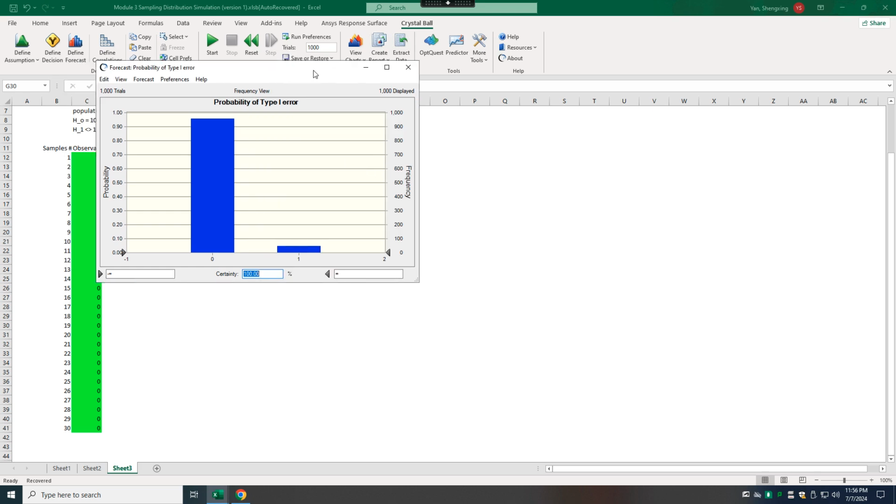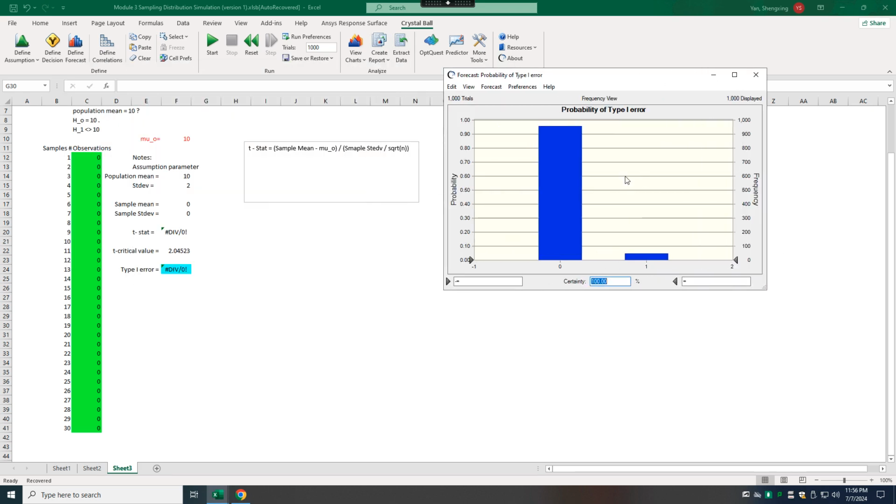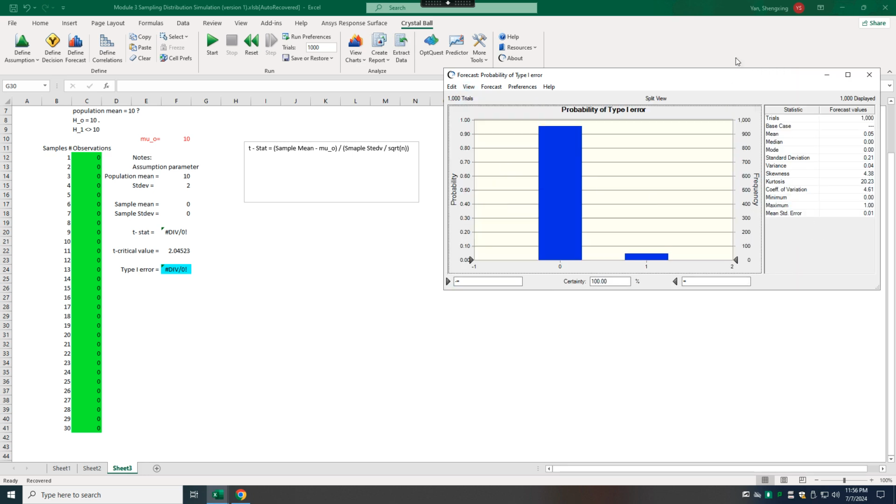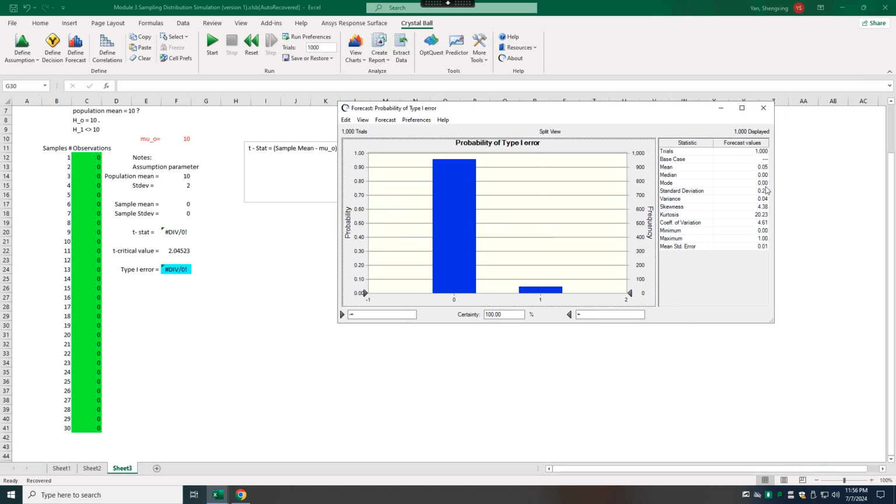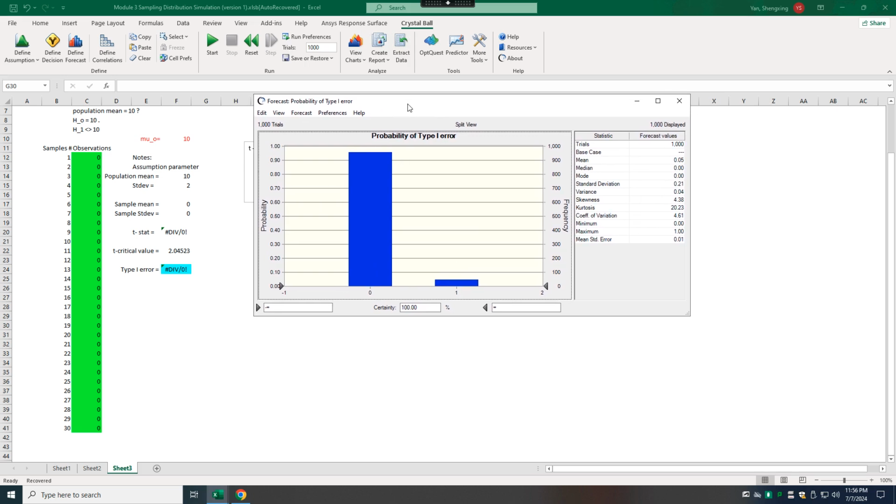Okay, this is our number. This should be our result. Let's take a look at the split view of the statistics. So here we have the frequency chart for the two results of the type 1 error.